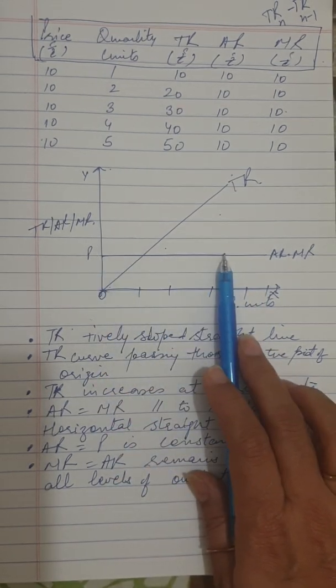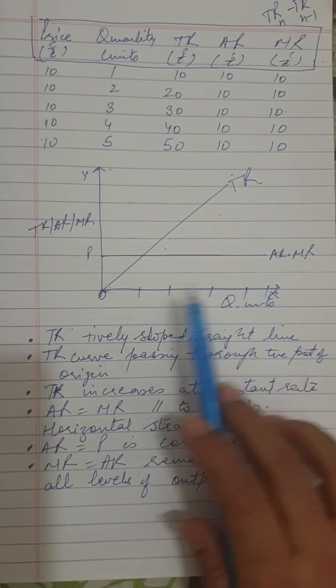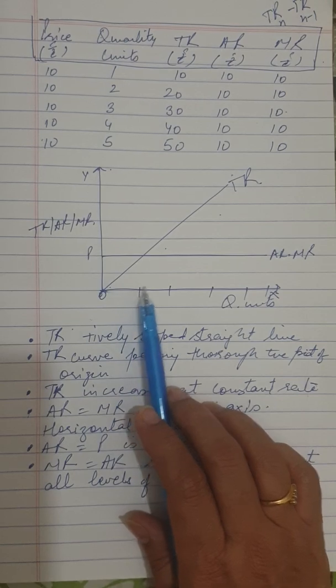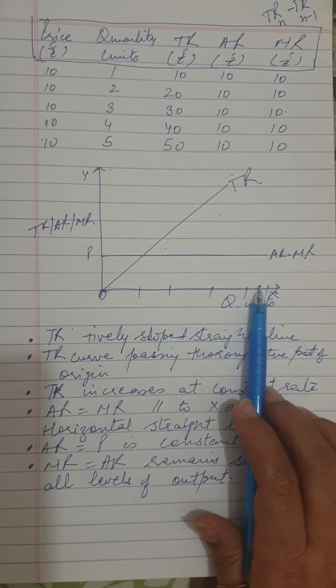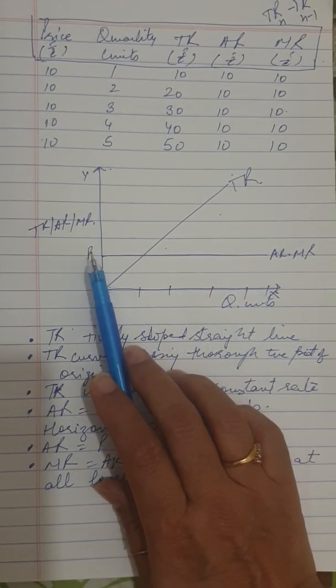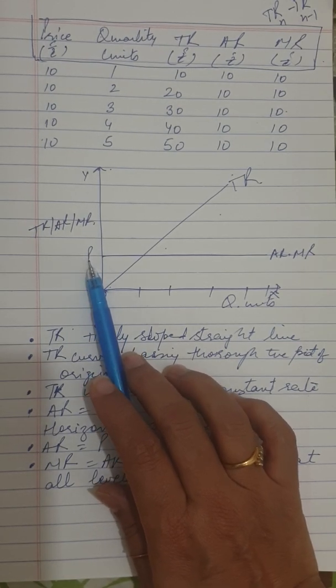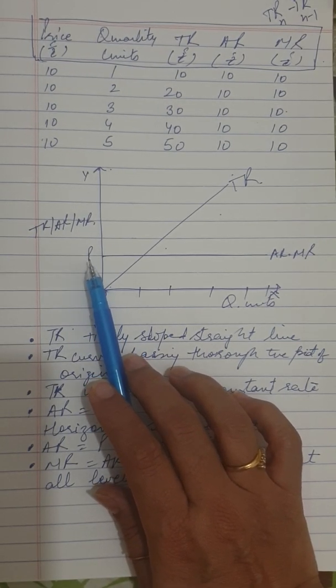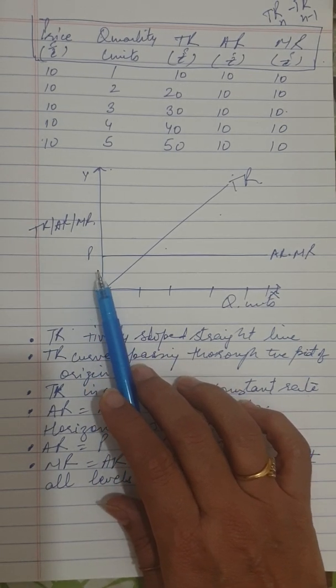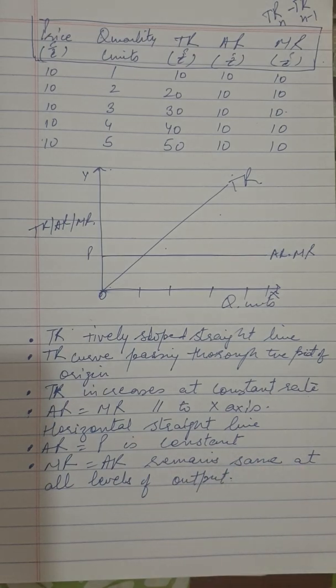Price is equal to AR, which is also constant at all levels of output. A firm can sell any amount of output, but it cannot change the price because price is fixed by the market forces of demand and supply. Same way it happens under perfect competition. So this is all about when price is constant under perfect competition. The second situation we will discuss tomorrow.